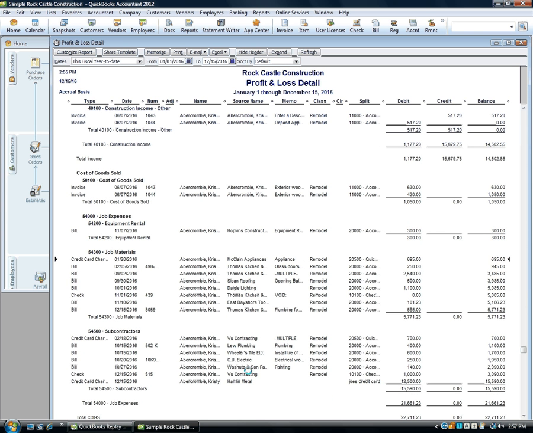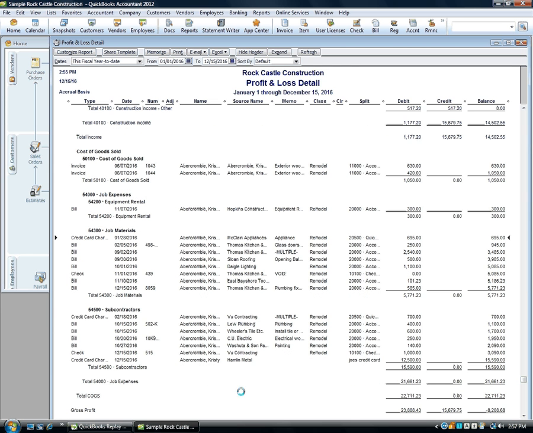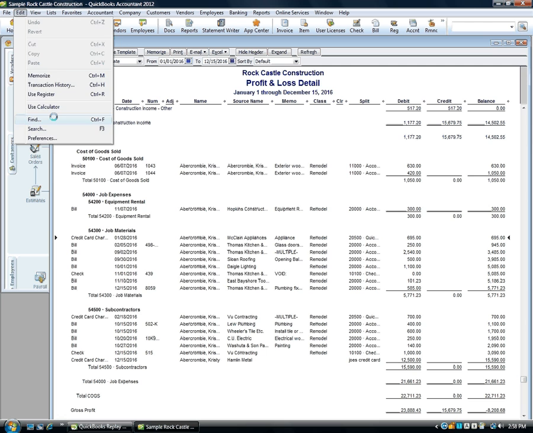Did I get them all in here? Yes. Oh, I'm missing one. Then I can easily see if I have a stack of receipts in my hand and it's not in here, I need to enter that receipt, or I need to find that receipt in QuickBooks and add the customer name.